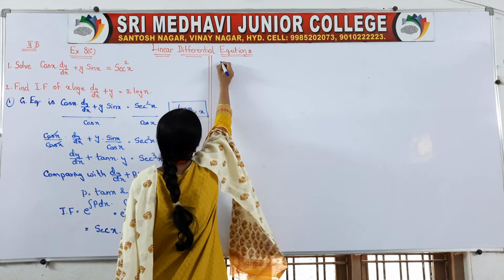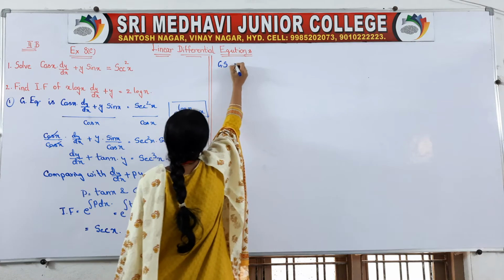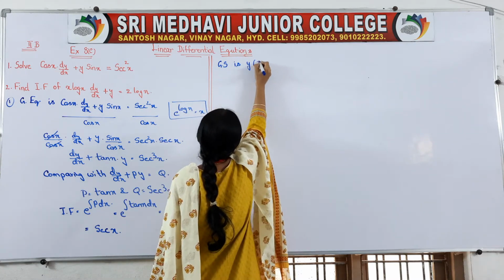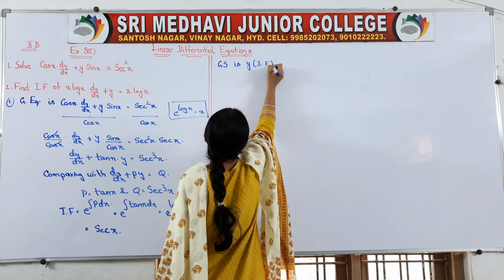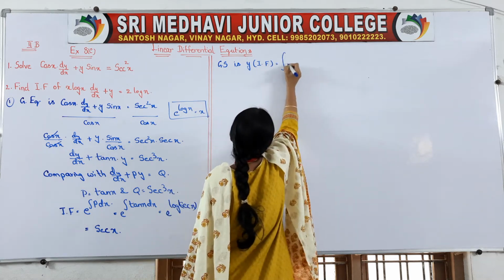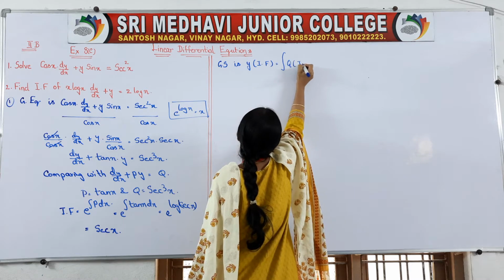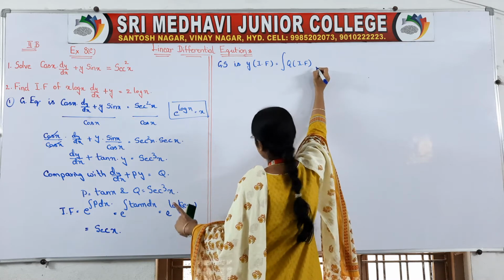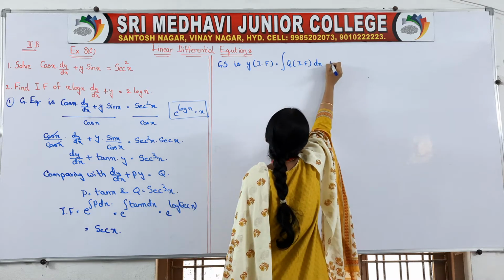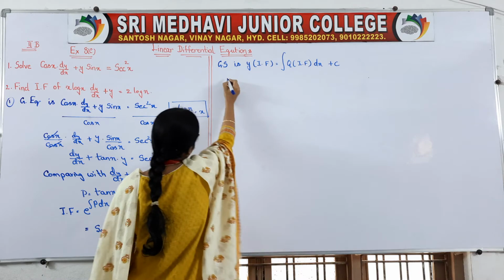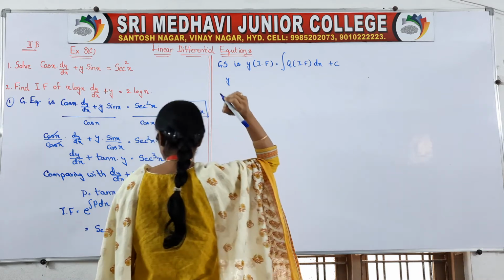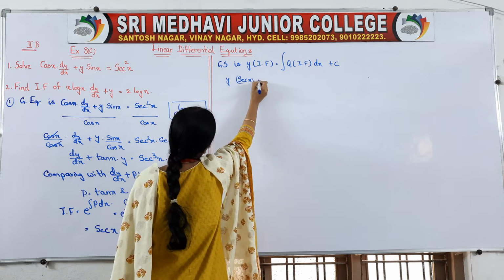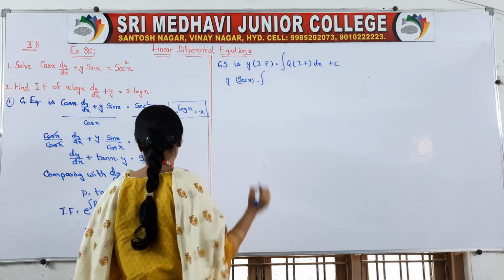Once we got the integrating factor, we will write the general solution. What is the general solution? It is y into integrating factor is equal to integration of q into integrating factor dx plus c. So y into secant x is equal to integration of q.